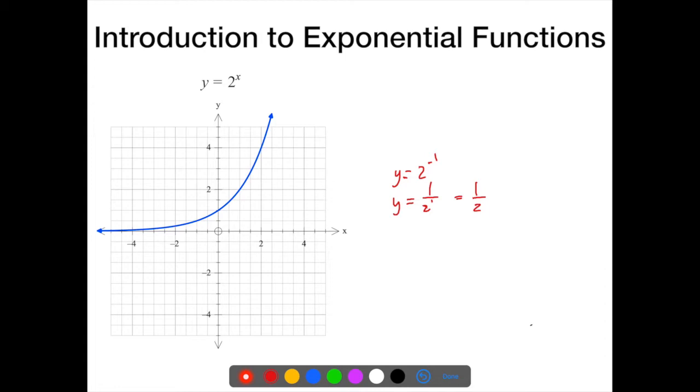And so because of that, the further I go, if I do y equals 2 to the negative 100, that becomes 1 over 2 to the 100 power, which still isn't going to be 0 and isn't going to be negative. It's going to get smaller and smaller and smaller, right? 2 to the 100 power is a huge number, and 1 divided by that is going to give me something very close to 0, but it won't be 0. And so therefore we say that there is a horizontal asymptote at y equals 0 because the graph will never actually equal 0. All right?